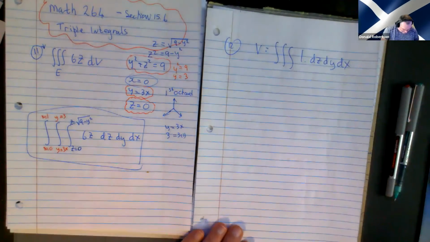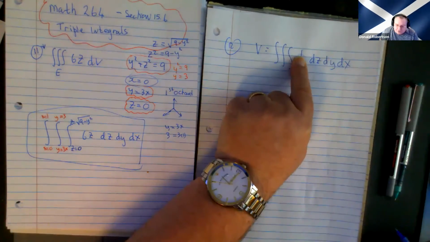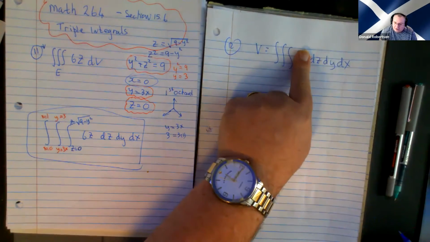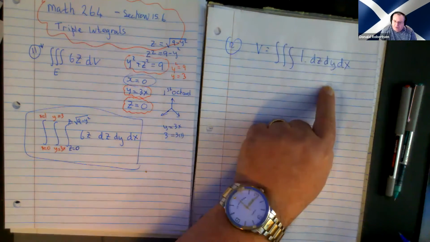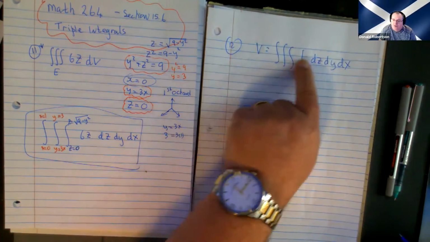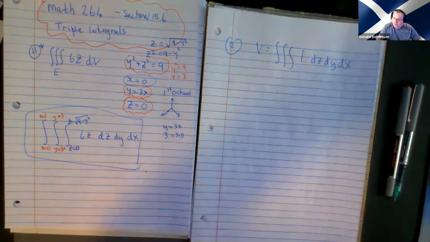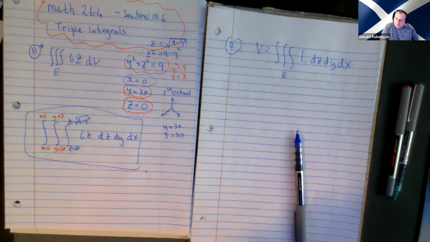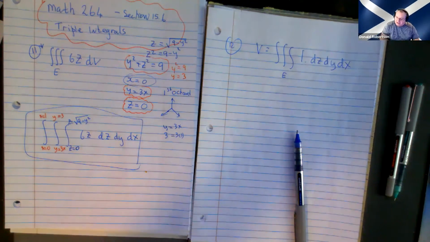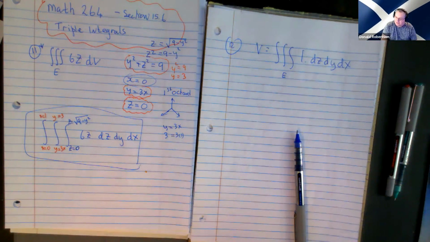That's really nice that they do that. If the function that you have here is 1, then a triple integral of 1 is the volume of that region E. If you do a double integral of 1, isn't that the area of D, right?